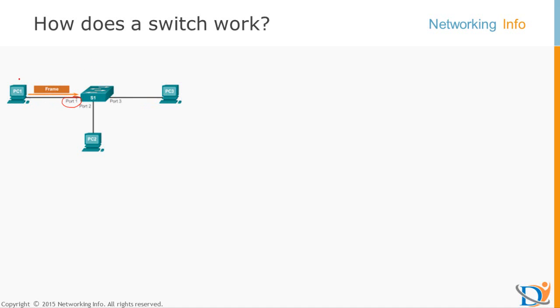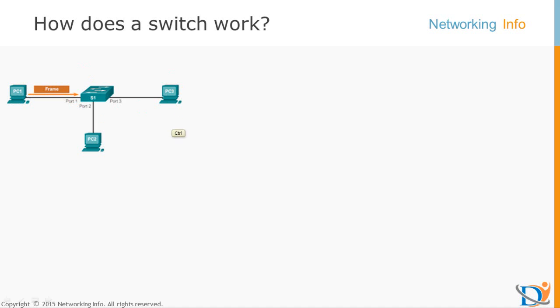MAC address A is going to MAC address B. The interface is port 1, MAC address is A, and where is MAC address B? The switch does not know initially, so it is going to forward the packet here and to the other devices if they are connected.